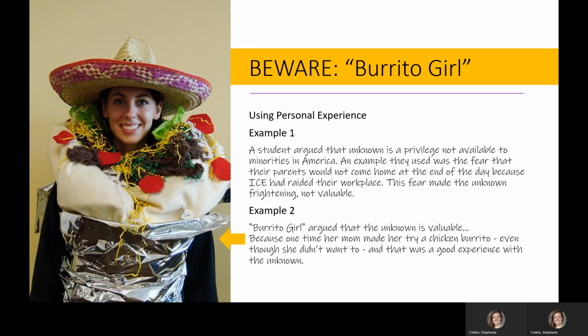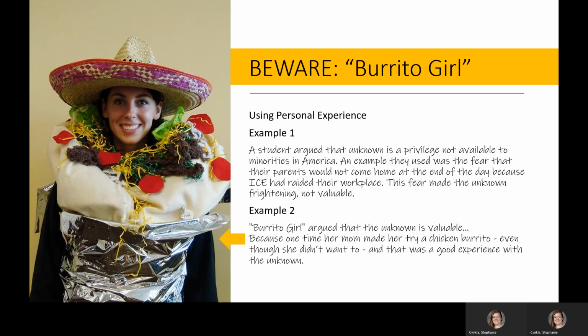So the prompt that year was asking if there is value in the unknown, and if there is value, what is that value? So we have 2 examples here. The first is from an exceptional essay we read, and then Burrito Girl is the second one. But I'll start with example 1, which is the better example.